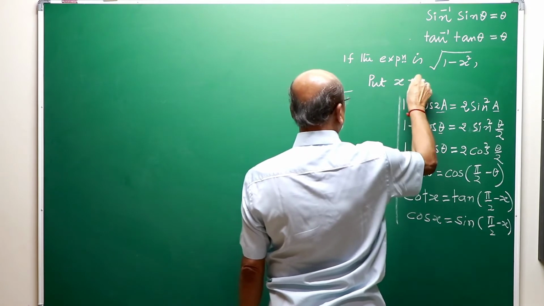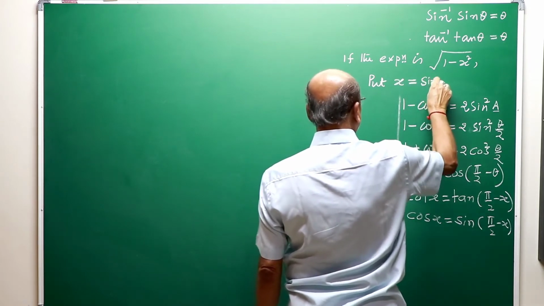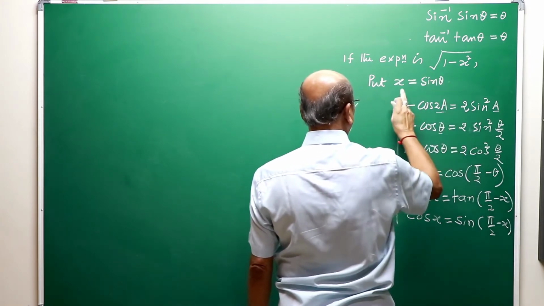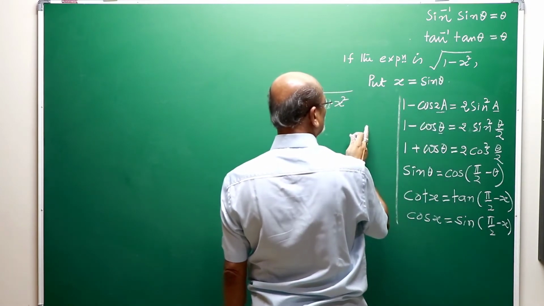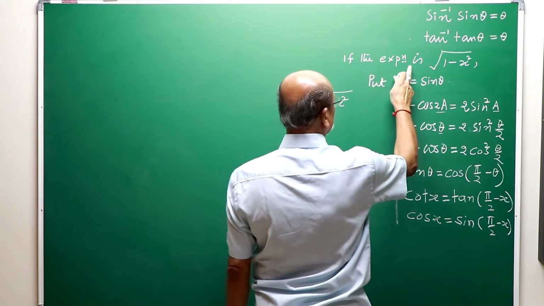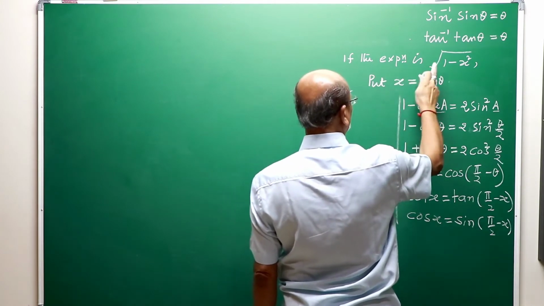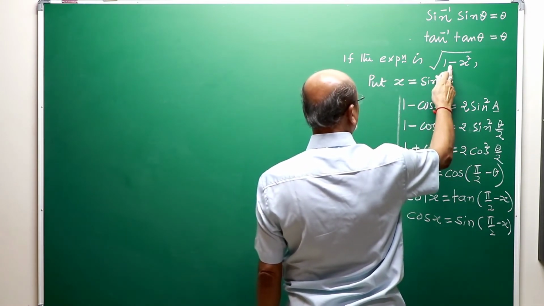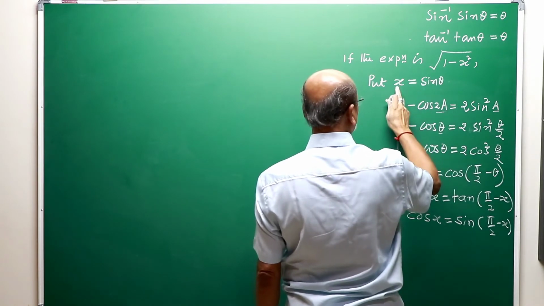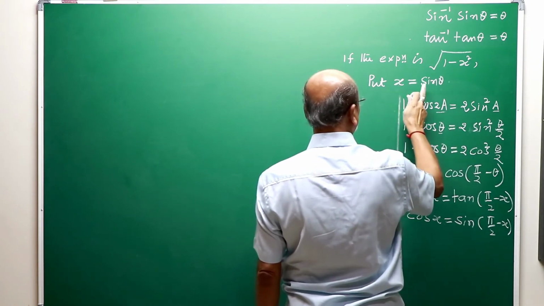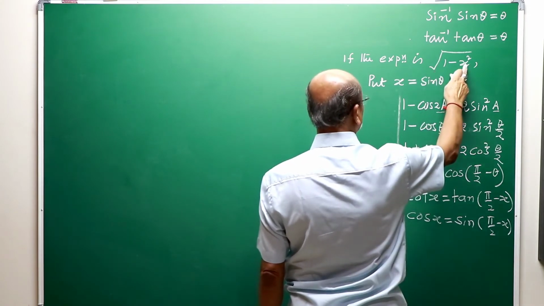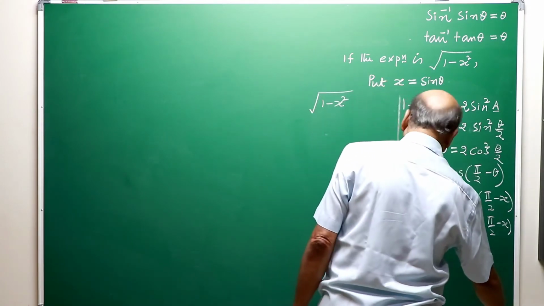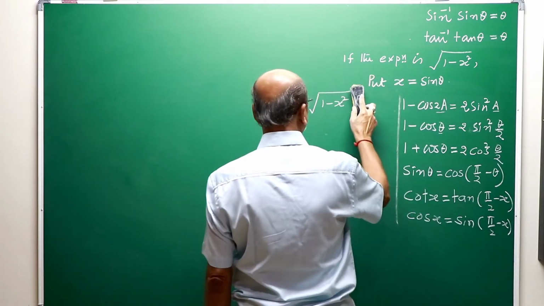When x is sine theta, root 1 minus x square is cos theta. If the expression contains root 1 minus x square, proper substitution is to put x equal to sine theta. Root 1 minus x square is cos theta. This is the first one.